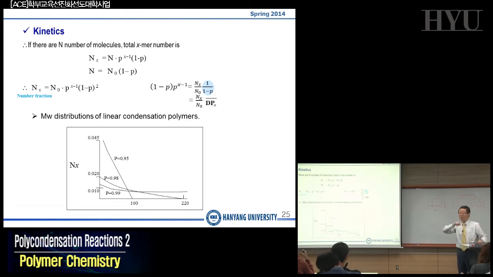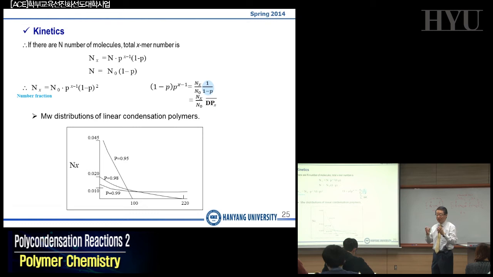Because you have many molecules, you count on each molecule, which is N. N here in this case is defined as N0 times 1 minus P. So Nx is equal to, if you replace this here, the number fraction of xmer is equal to N0 times P to the X minus 1 times 1 minus P to the 2.